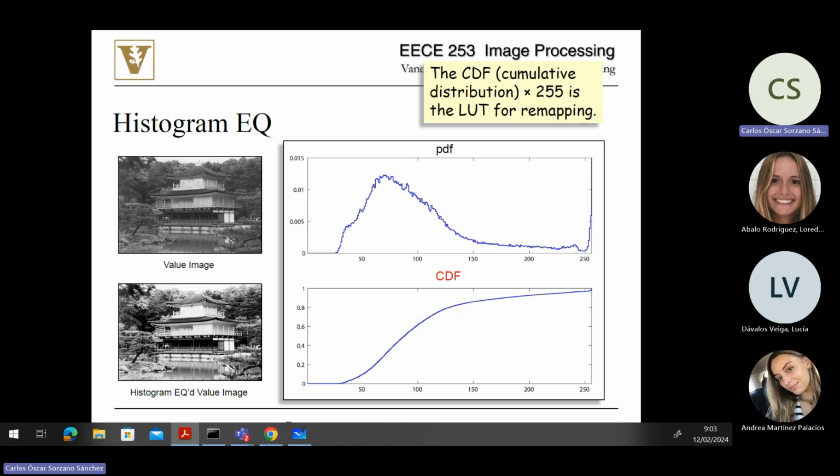Okay, so let's say that we have this value image. The value, we know what it is: it is the average of the red, green, and blue channels. And this is the histogram of that. This is the CDF, and this is the effect of transforming with this transformation.